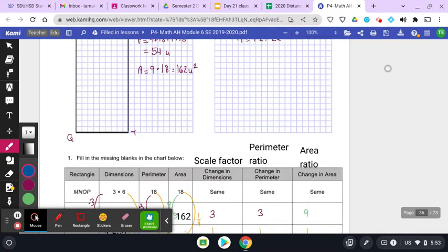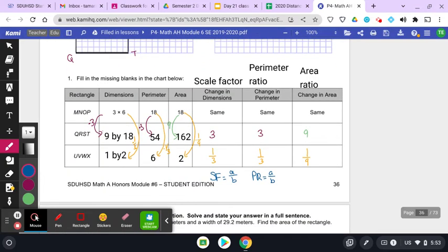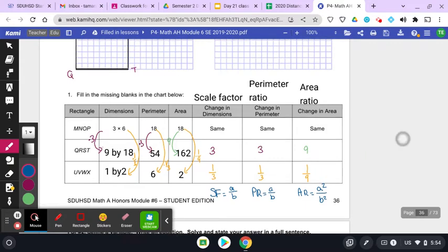But when you have the area, your area ratio, you're taking the scale factor and you are squaring it. You get A squared to B squared. So if it was 3 times as big, the area is going to be 3 squared, 9 times as big. If it was 1/3 as big, the area is going to be 1/9 as big, 1/3 squared.